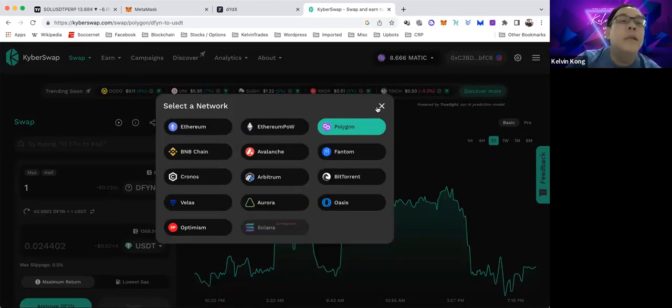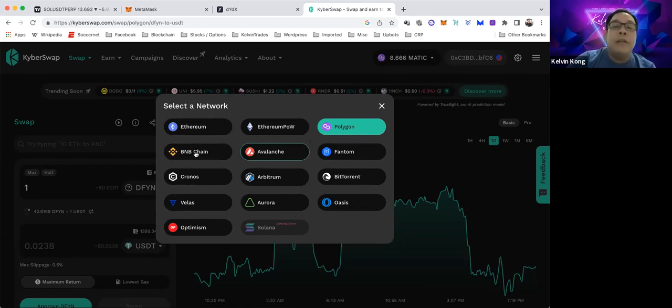Oh, okay, good. Kyber Swap is a multi-chain decentralized exchange, which means you can connect it to Polygon, BSC chain, Ethereum, Cronos, all this. Multi-chain means you can connect it to many chains.